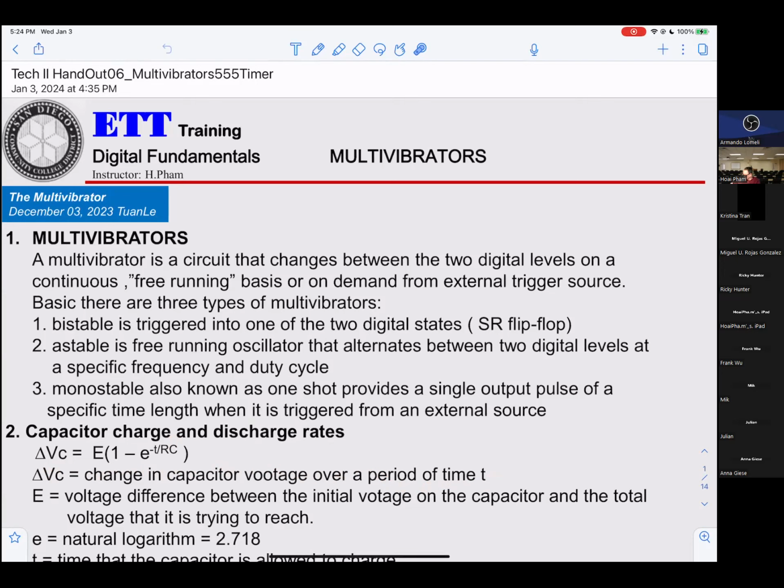E is the voltage difference between the initial voltage on the capacitor and the total voltage it is trying to reach. And e is the natural logarithm base, equal to 2.718.